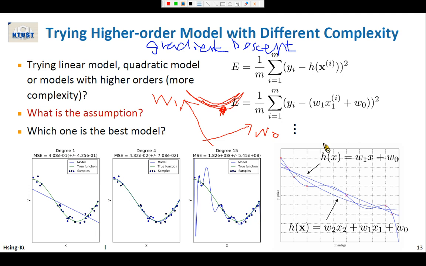The last one, suppose, is the m-th one. So that's what we hope. We hope they are close enough, but may not be the same. If it's equal, that means we go through the data points exactly. Any questions?